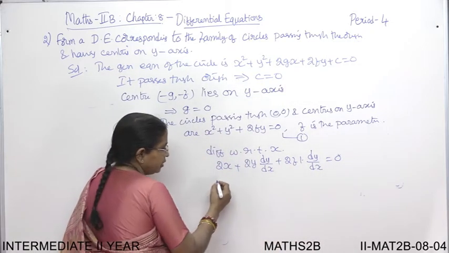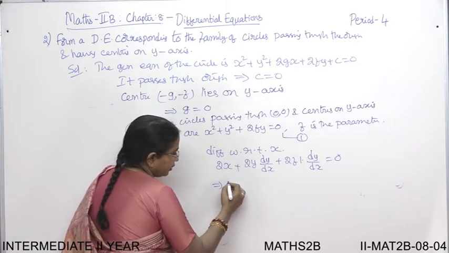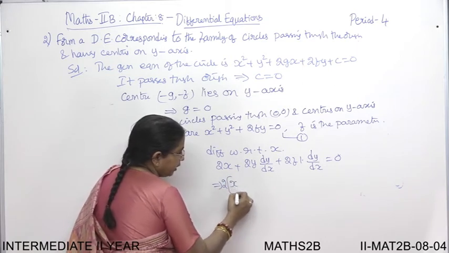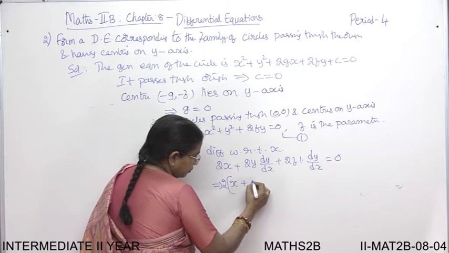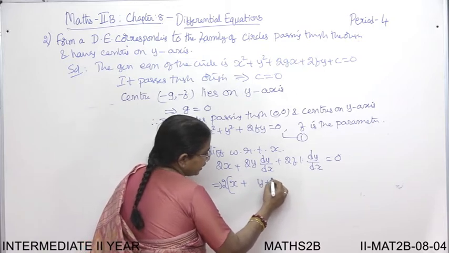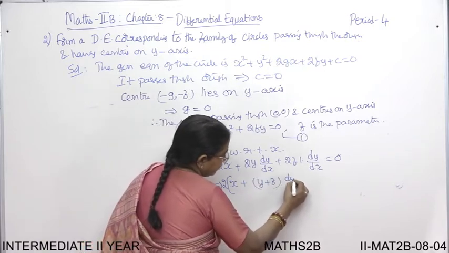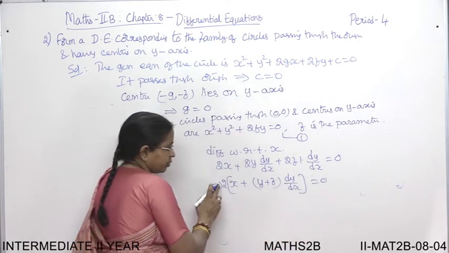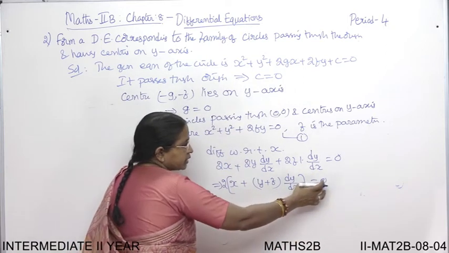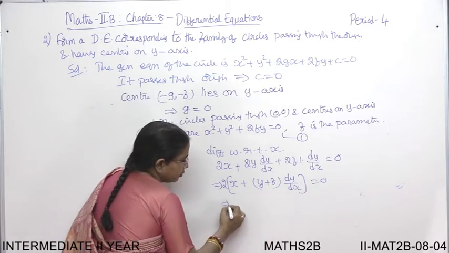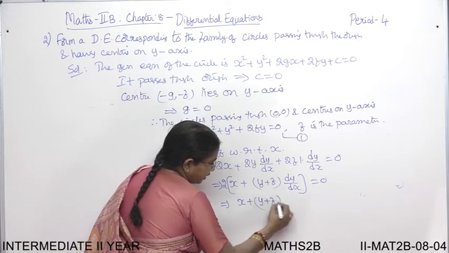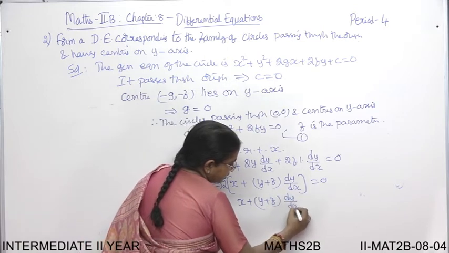Now you can take 2 common: x plus y dy by dx plus f into dy by dx is equal to 0. So 2 will go, and you'll have x plus y plus f into dy by dx is equal to 0.